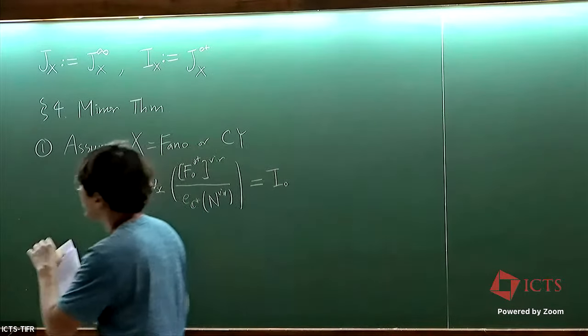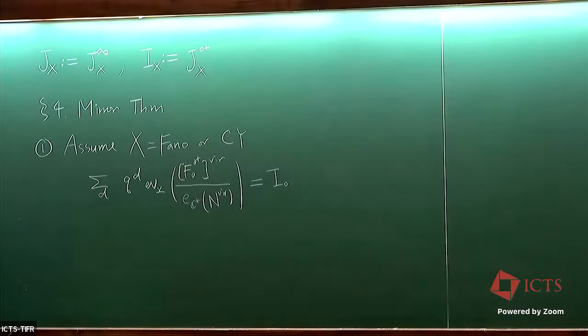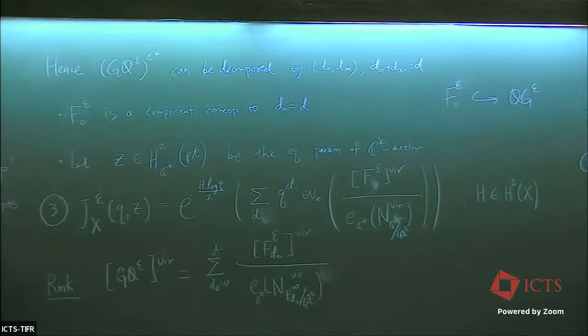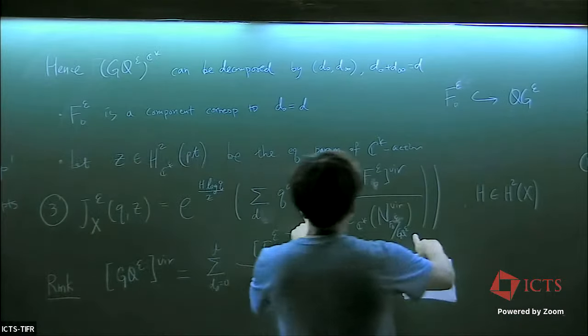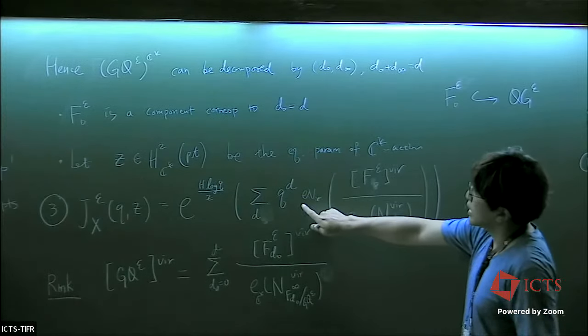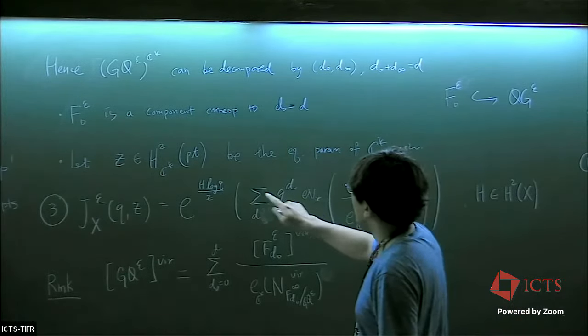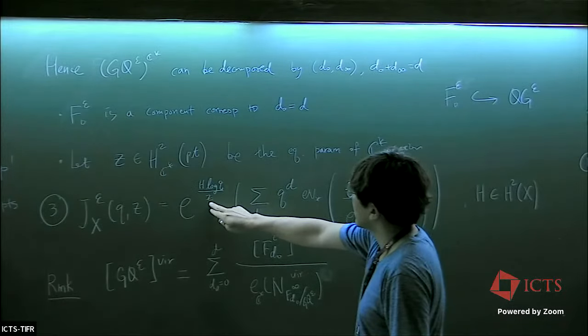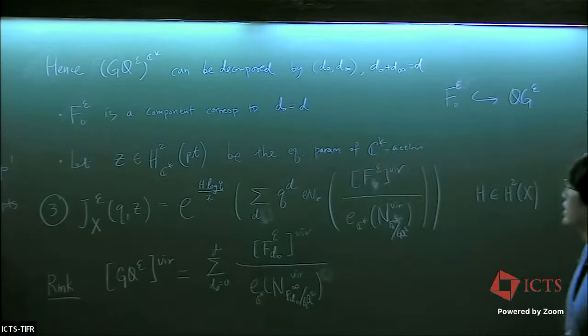So first of all, this evaluation map pushes forward to X. This part takes values in the cohomology of X, and we also have some extra formal variables q, so it's actually a q series, and we also need the z. In this case it's 1 over something, so it's actually a rational function in z, but sometimes we expand it or not.